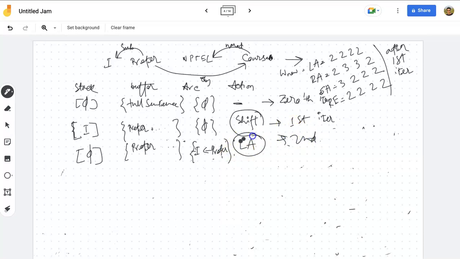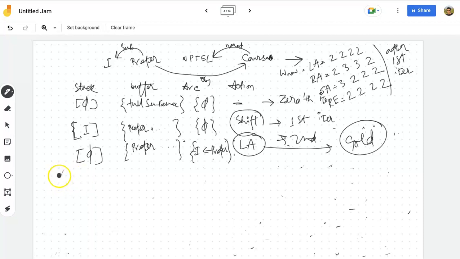Now after the second iteration, what is the gold relation? This is the gold relation as per our dependency tree. Now we need to check what is the action we need to take as per our algorithm. So again we need to calculate the different features for each of these actions.